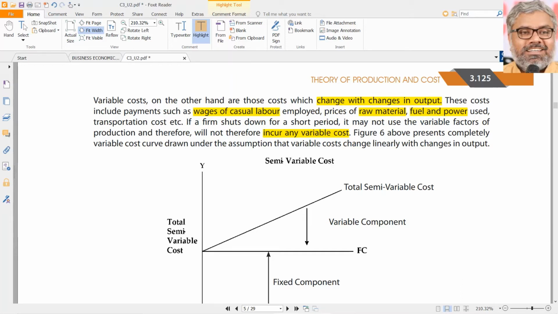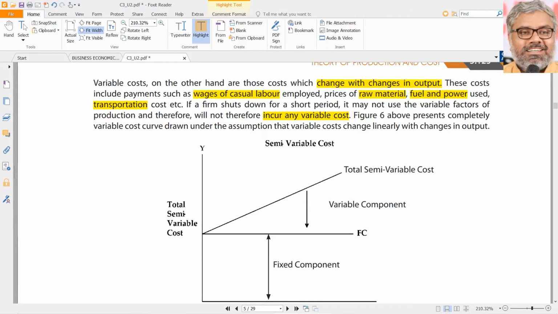Whereas if the firm shuts down, the variable cost will not be incurred because there is no activity. When there is no activity, no production, why would you have to pay wages to anybody? Why do you need raw materials? Why do you need to use fuel and power? Why do you need transportation, etc.? These are only incurred when there is production and some activity happening. If there is no production, no variable cost.